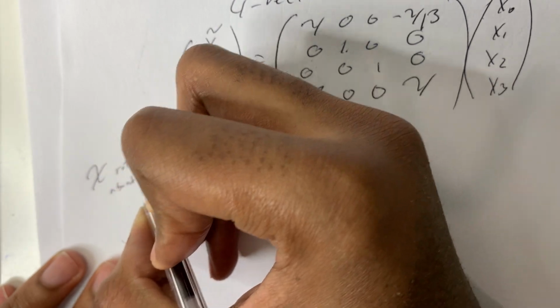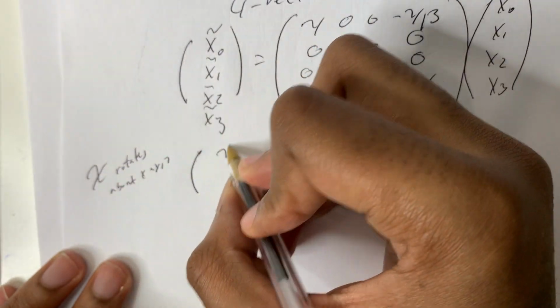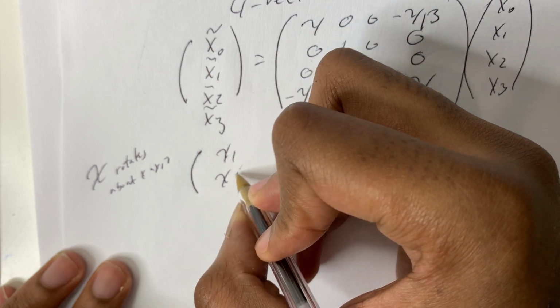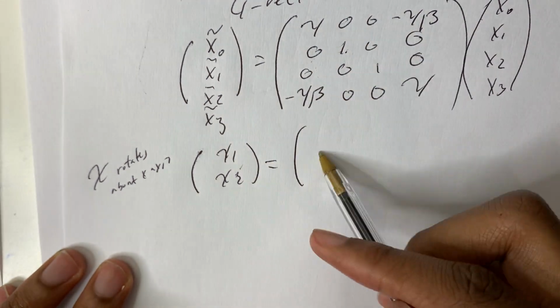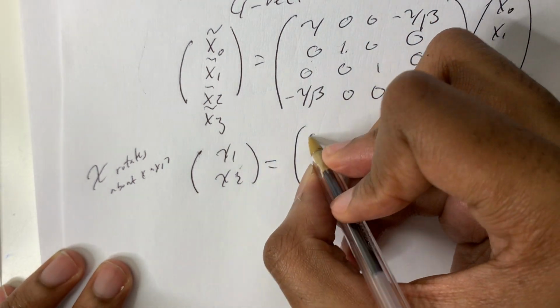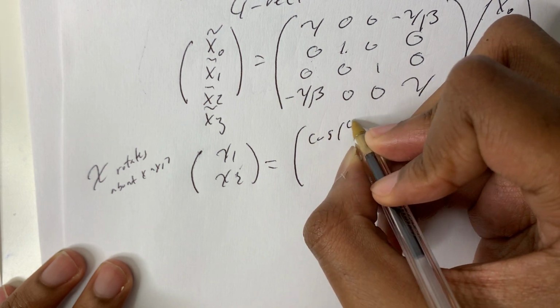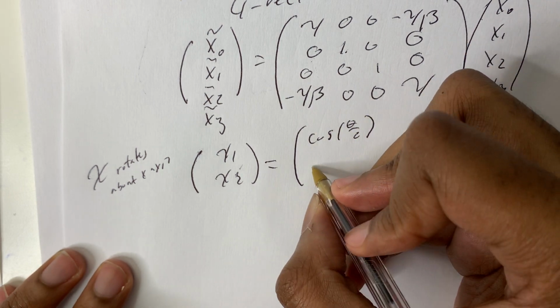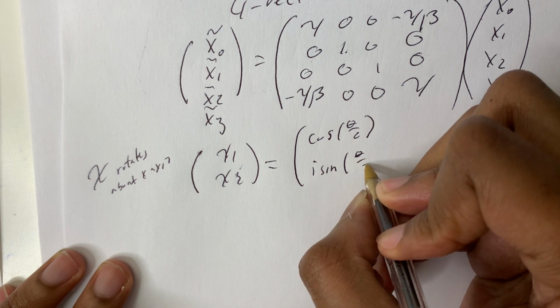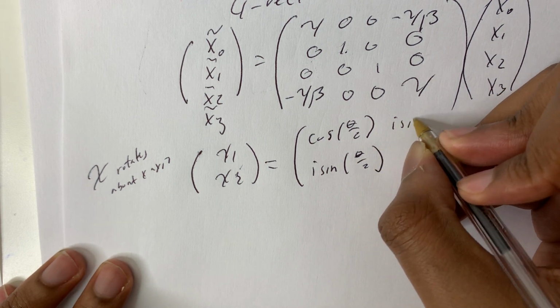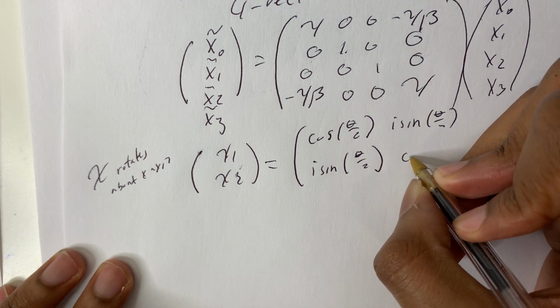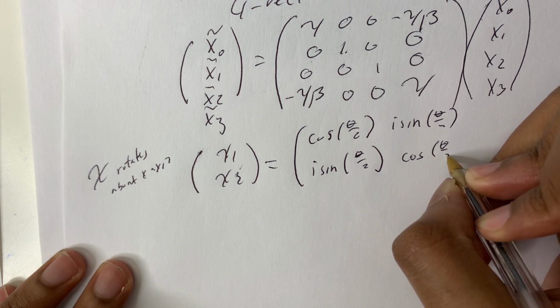about the x-axis. We have chi 1, chi 2, these components, and our rotation matrix about the x-axis is going to be cosine of theta over 2, i sine of theta over 2, i sine of theta over 2, and cosine of theta over 2.